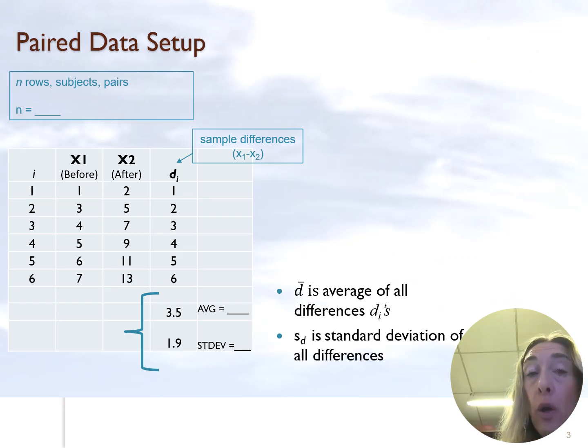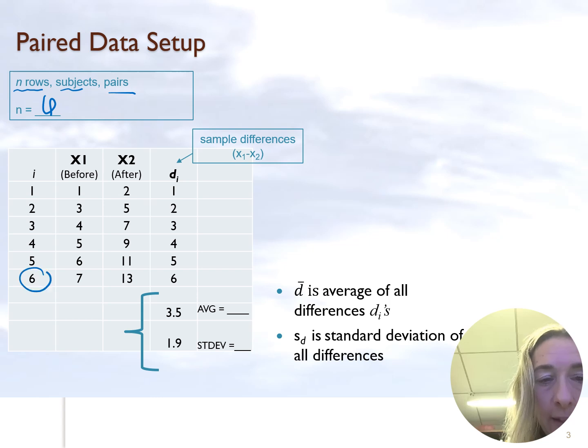So paired data has a certain setup for statistical analysis. With paired data, we say that we have n rows, subjects, or pairs, however you want to say it. In this example shown here, we have 6 rows or 6 pairs of before and after data. X1 represents the before measurement, X2 represents the after measurement.